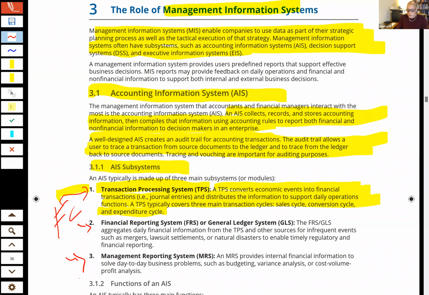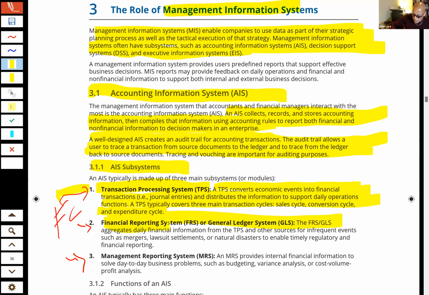But when you look at these, you're like, well, we're talking about journal entries. We're probably talking about what? External reporting purposes, even though they're making it sound like it's for internal purposes. Then we have our financial reporting system or general ledger system.